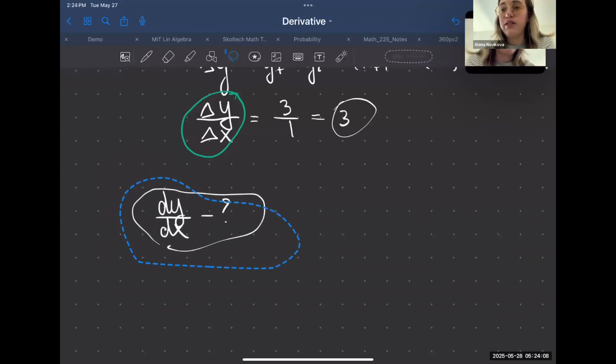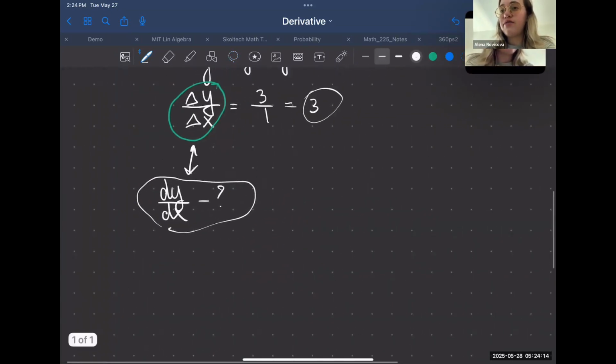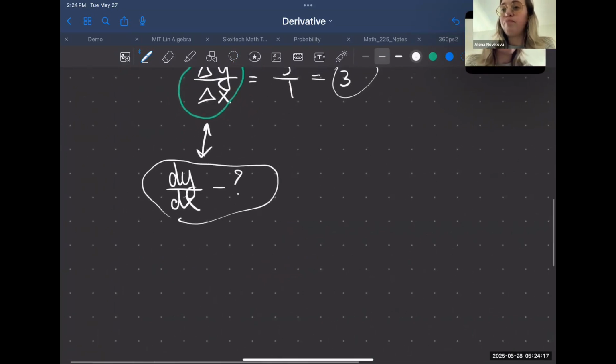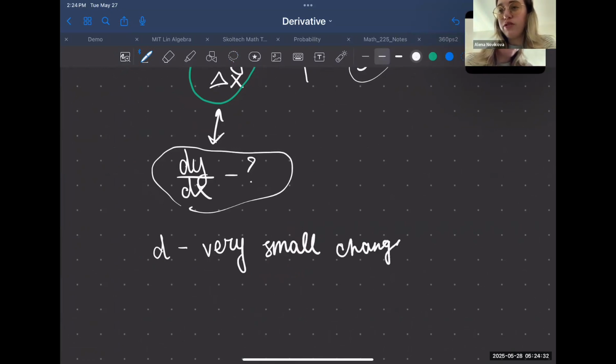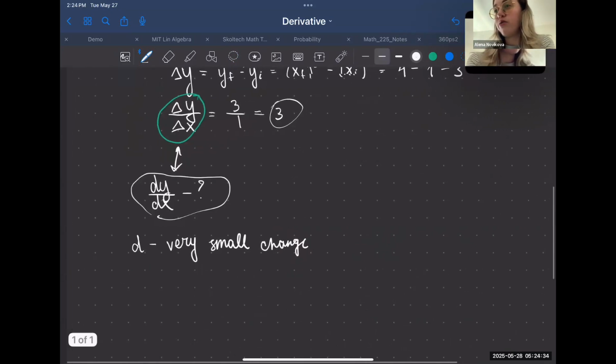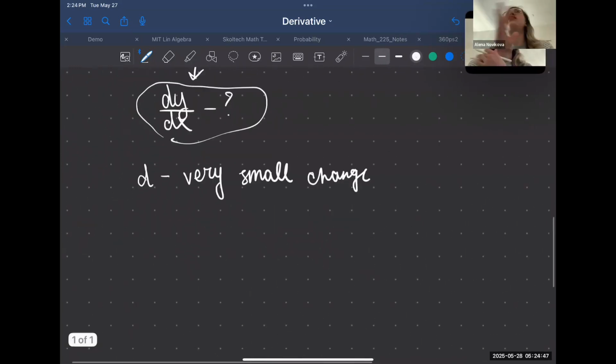So really, derivative is exactly the same thing as delta y over delta x, but the convention is that we use this little d to represent a very small change. So it's pretty intuitive. We use big delta to represent a big change, and we use little d to represent a small change. In fact, it's such a small change that it's almost zero. So we just say that it's instantaneous change.